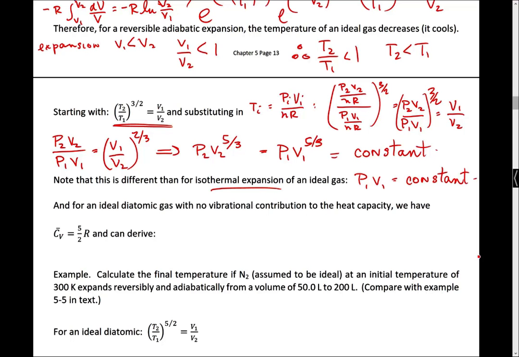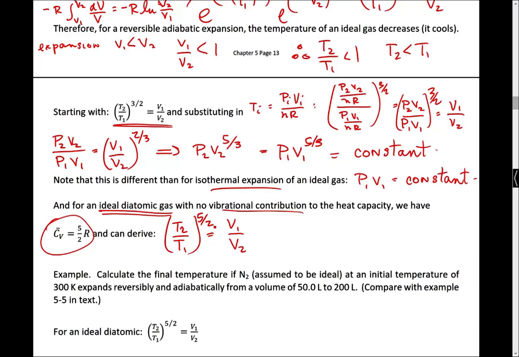If I talk about an ideal diatomic gas that has no vibrational contribution to the heat capacity, we've previously shown that the molar heat capacity is 5/2 R. So what we can do is go back to what we've just shown on our quiz and say that T2 over T1 is equal to V1 over V2 to the C_V over R. So 5/2 R over R becomes 5/2.